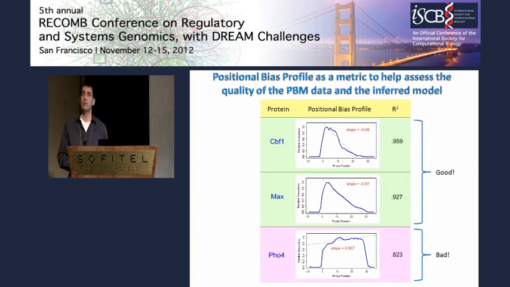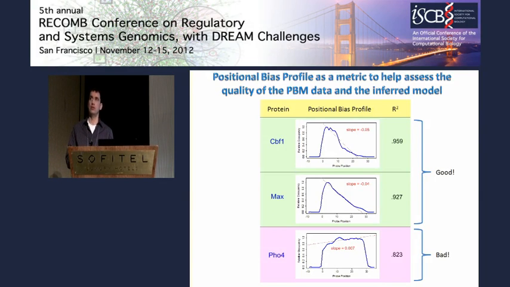The neighboring probes, yes. The designers did their best to make sure that there wasn't any cross-hybridization. However, there are known PBM artifacts. I didn't have time to go into that, but we try to model other PBM artifacts than what I've shown here today.